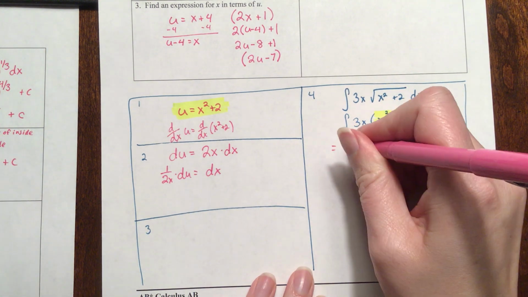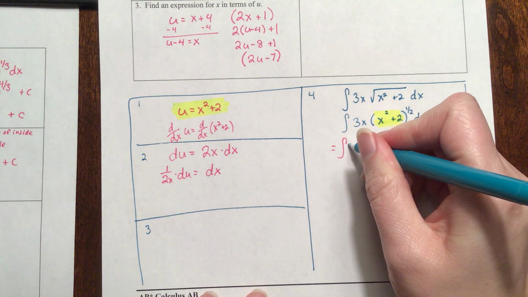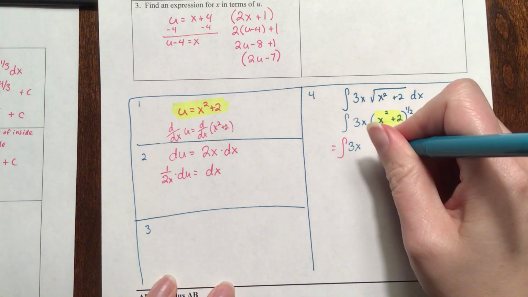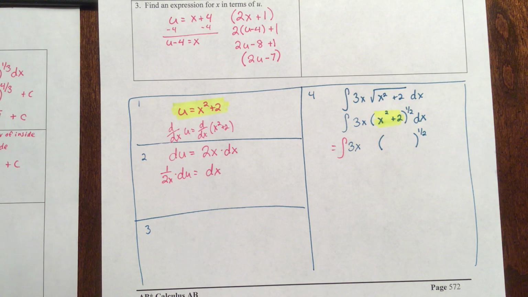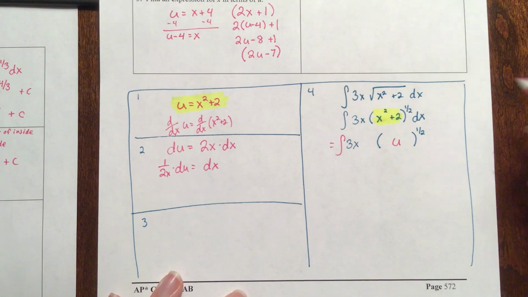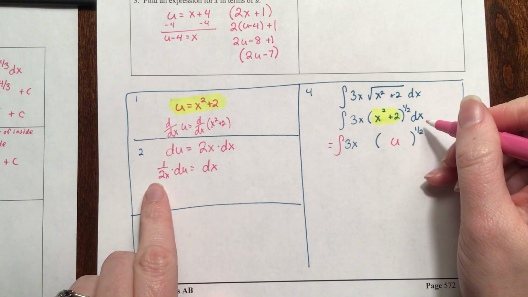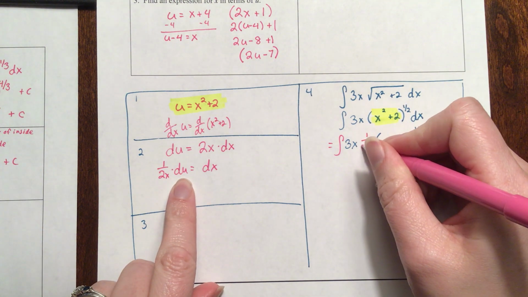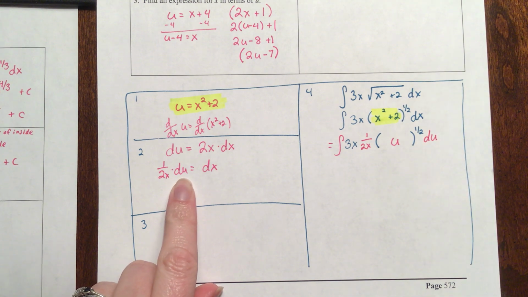So this is going to equal the integral of, we had a 3x. I'm going to rewrite it there. Okay, we had our parentheses to the 1/2 power, and that's now going to be a u, right? Because x squared plus 2 is u. And then dx, that's a weird bit. dx is 1 over 2x times du.